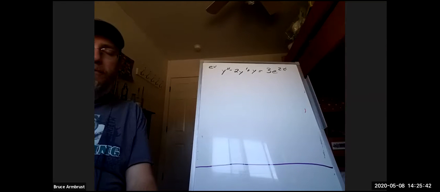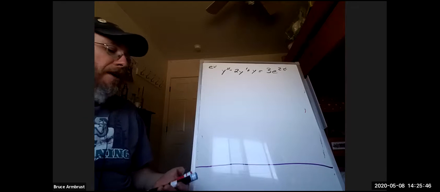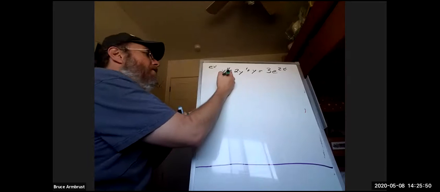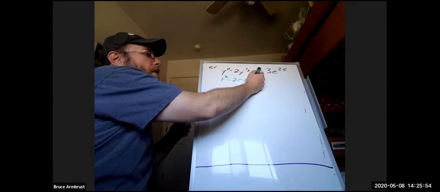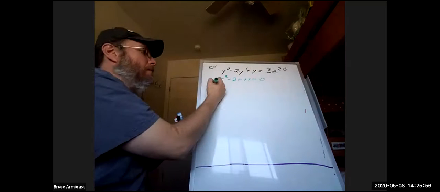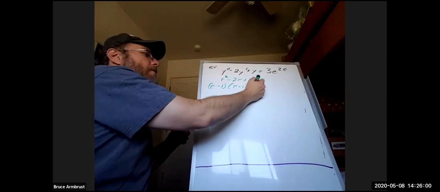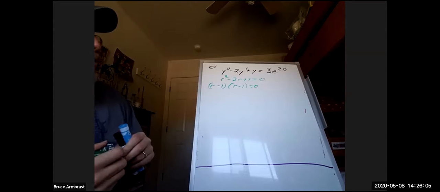So we're going to start with the solution to the homogeneous, which means create our polynomial and solve. The polynomial we need to solve here is r squared minus 2r plus 1 equals 0. That factors to r minus 1 times r minus 1. So we're in that situation of a repeated root.